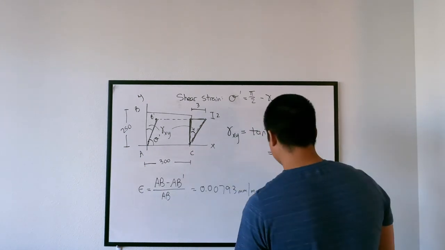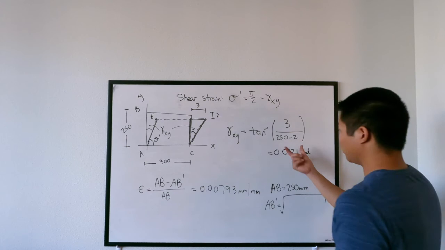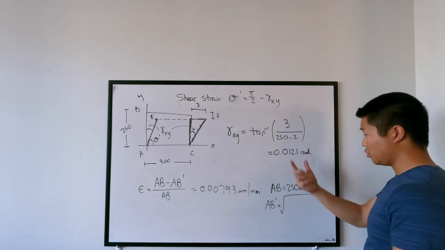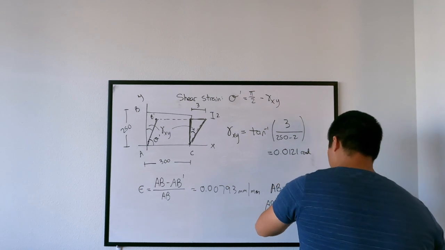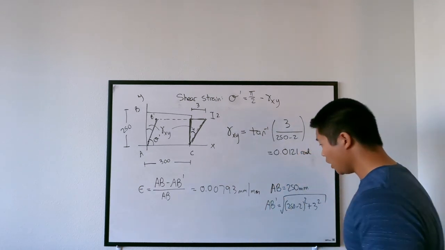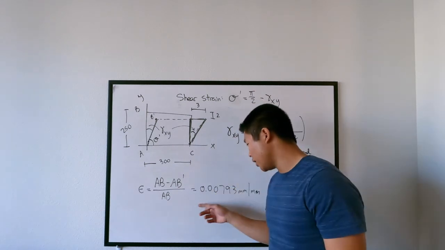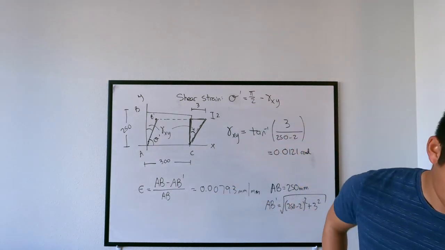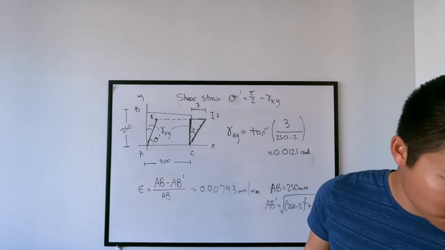So it's going to be the square root of 250 minus 2 squared plus 3 squared. Okay, so if you take these numbers and plug them in, you'll find the strain to be that. All right, and that is it for shear strain.